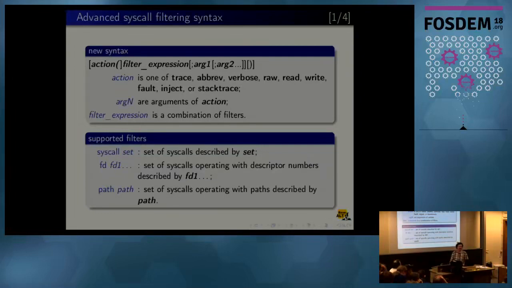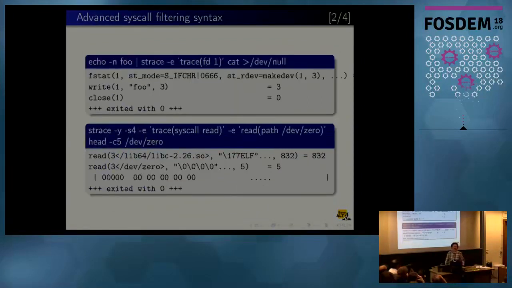Okay, the last topic is advanced syscall filtering syntax. This was implemented also as a part of a Google Summer of Code project last year, and it allows even more flexible specification of syscalls. For example, you can trace by file descriptor number.